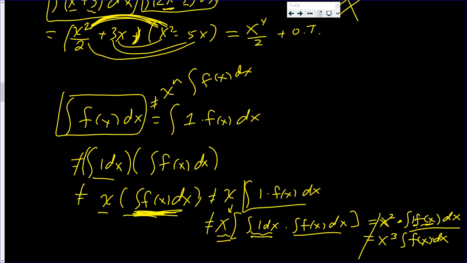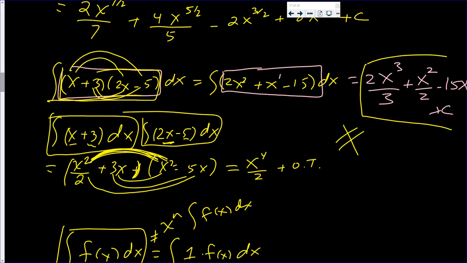So for right now, until you learn another technique, if you have the integral of a product, you could multiply it out.